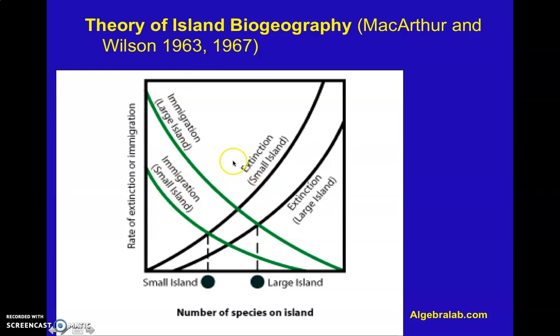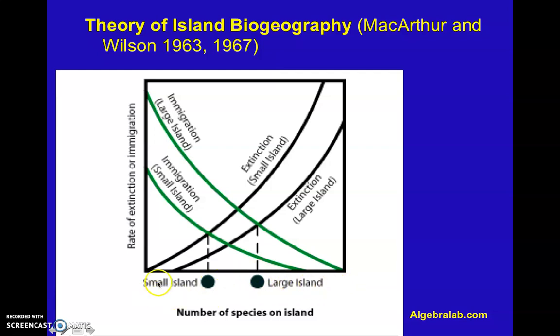Similarly, on a smaller island, the extinction rate is going to be higher because there's less space on that island and because the competition is going to be more fierce. And so the extinction rate on a small island is always going to be higher than it is on a large island under similar conditions. And so when you look at the immigration rate for a large island and the extinction rate for a large island, you'll see that they're crossing over here at a larger number, right?